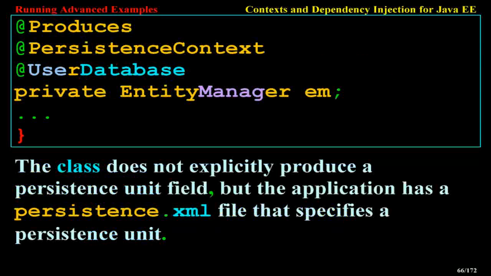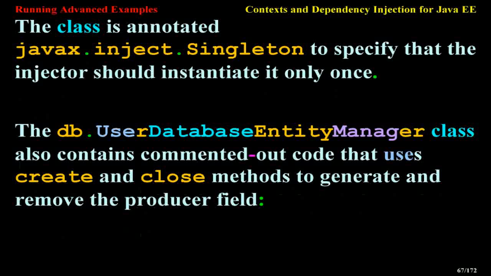The class does not explicitly produce a persistence unit field, but the application has a persistence.xml file that specifies a persistence unit. The class is annotated javax.inject.Singleton to specify that the injector should instantiate it only once.